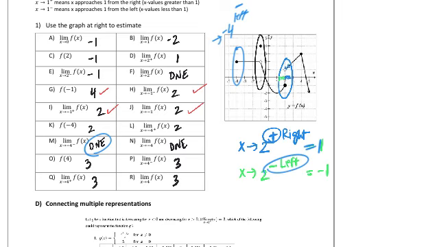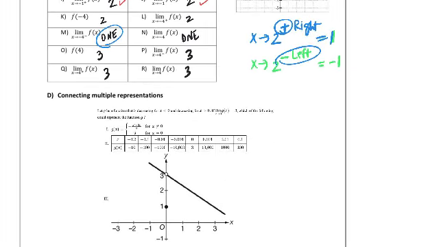Does not exist, okay? Or sometimes you might say not enough information, but I think DNE works most of the time. Okay, so now that we have looked at limits of functions in all the different ways, graphical, numerical, analytical, and words, let's do a problem where we connect these multiple representations of limits, right?